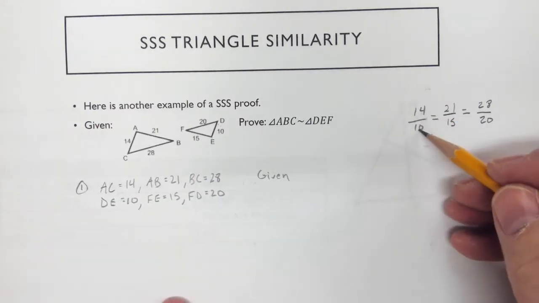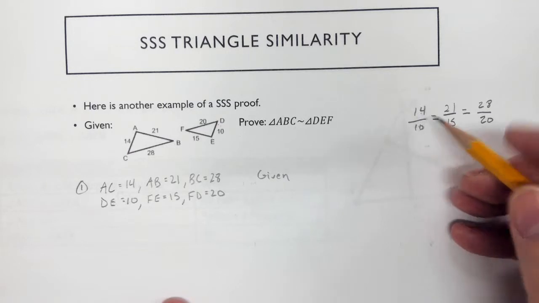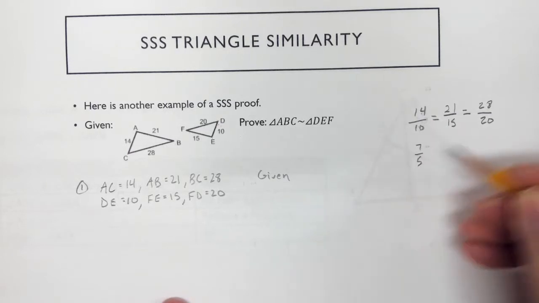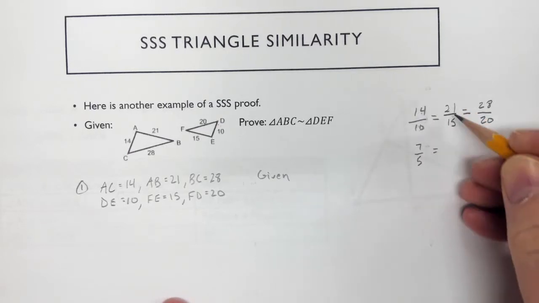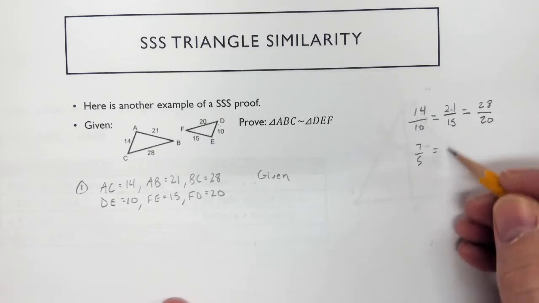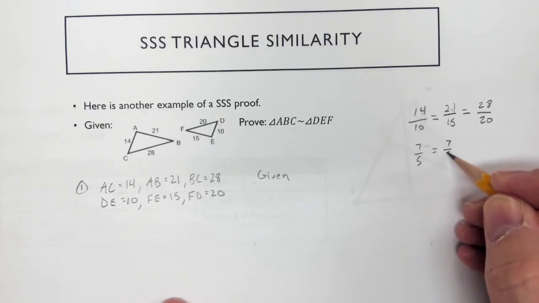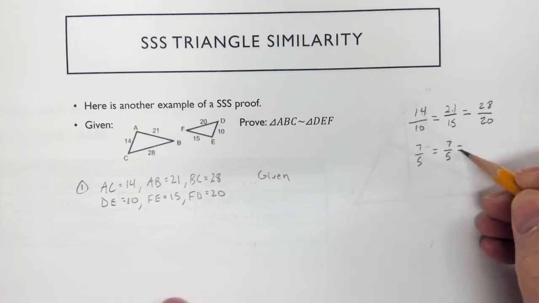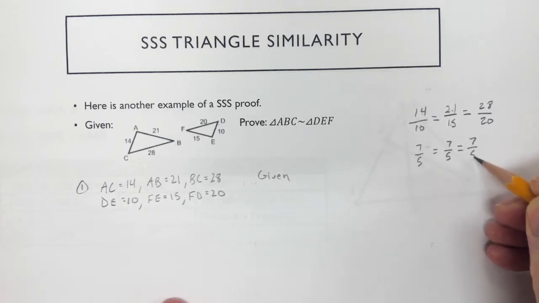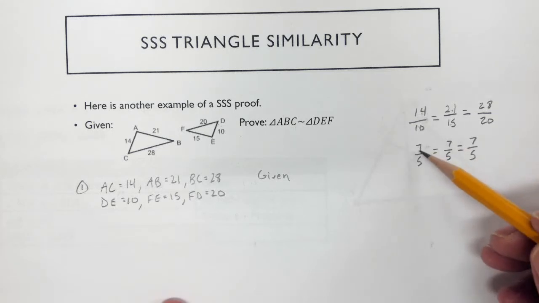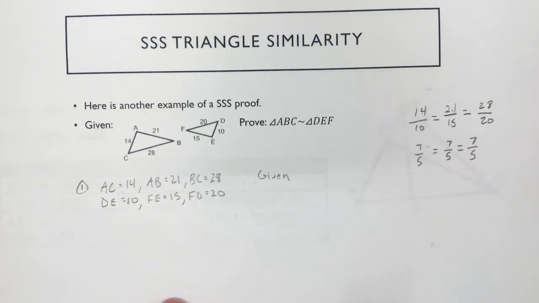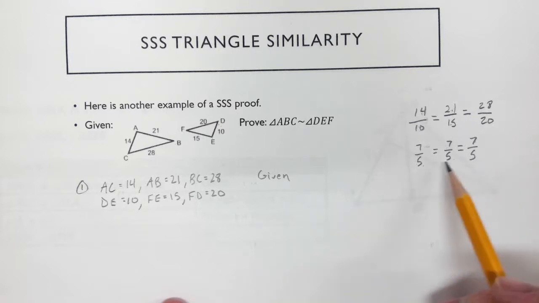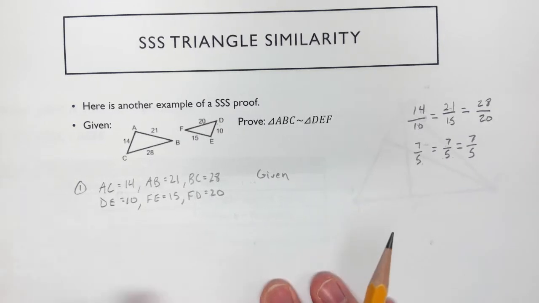Well, I'll reduce this one, divide by 2, and that's 7 over 5. This one, I can divide by 3, and that's 7 over 5. This one, I can divide by 4, and that's 7 over 5. So then we can see that these are proportional because the ratios are all equal to each other.